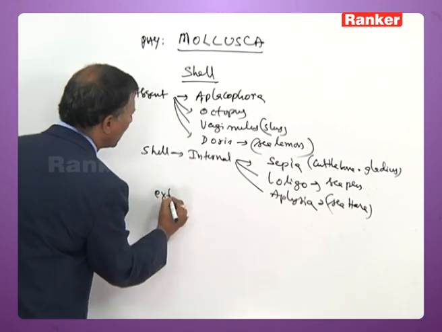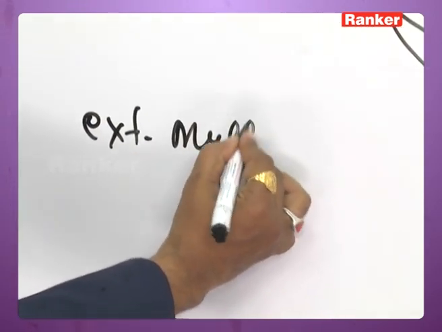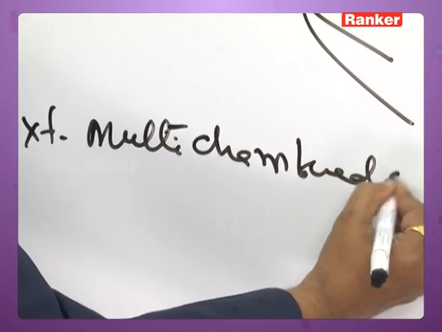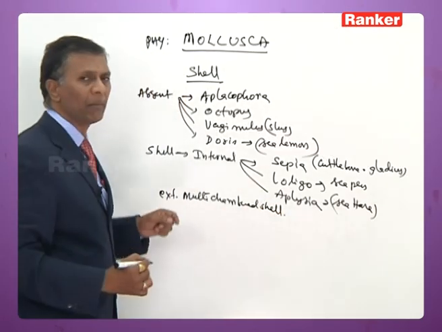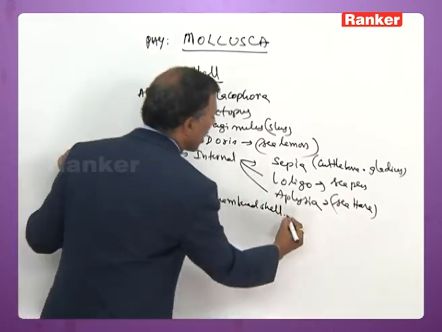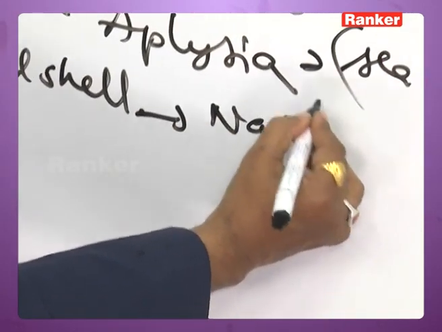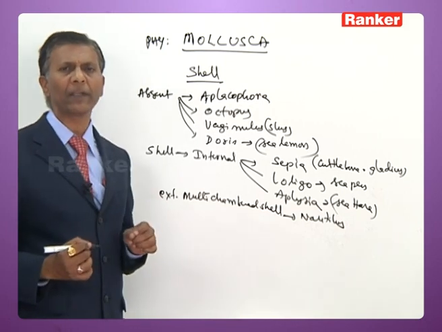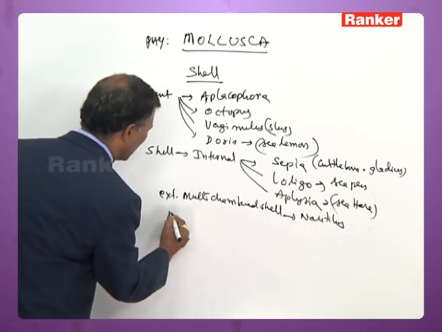External multi-chambered shell is present in nautilus. In a cephalopod called Argonauta, the shell is a modification of arms.